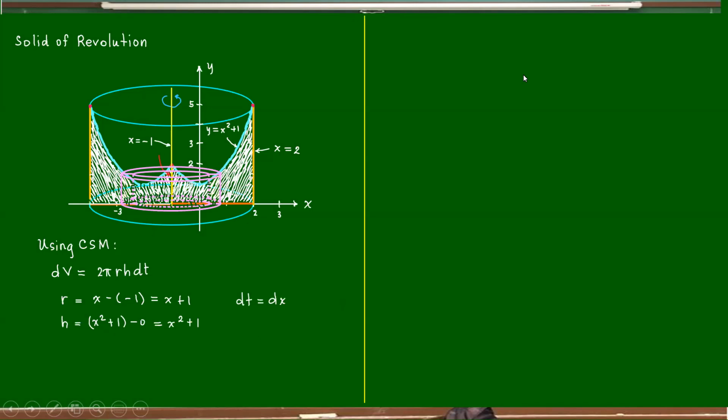So the volume is given by 2 pi integral from a to b of rh dt, where dt is dx because this is vertical. So getting 2 pi integral from -1 to 2, since the original region runs from -1 to 2. Then the integrand is (x plus 1)(x squared plus 1), multiplied by dx.